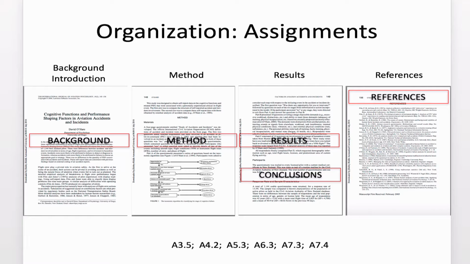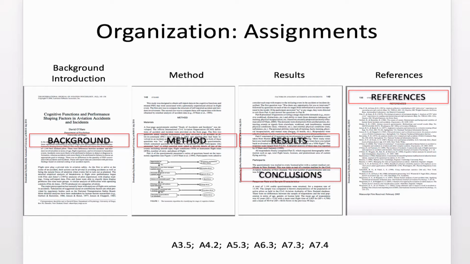There's a background, a method, your data analysis, the results, conclusions, and then your references. The background is pretty easy because that's the problem that's stated in the assignment. I'd like you to just paraphrase it as best you can.